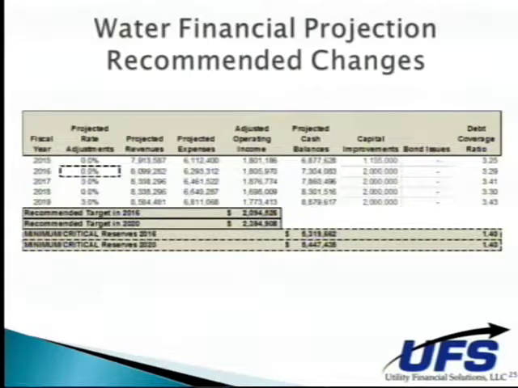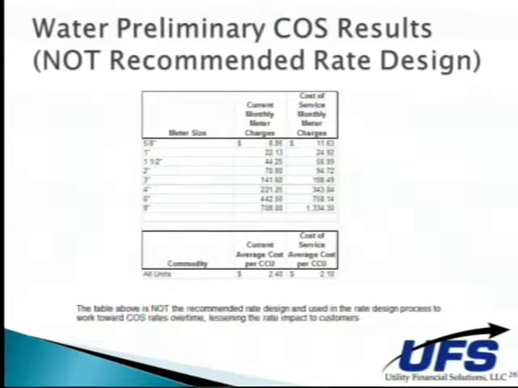So if you staggered the rate increases in the water department 3% every other year, you can see we stabilize operating income and we stabilize and grow our cash slightly. Okay? Now the page 13, the second slide on that page is the preliminary water cost of service results.